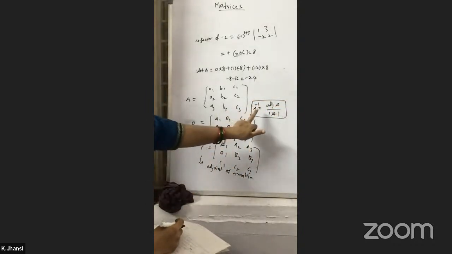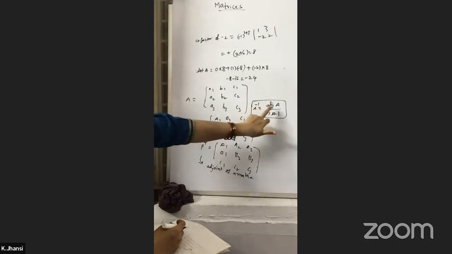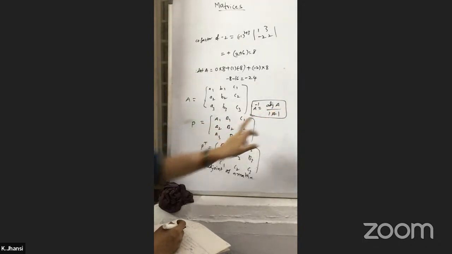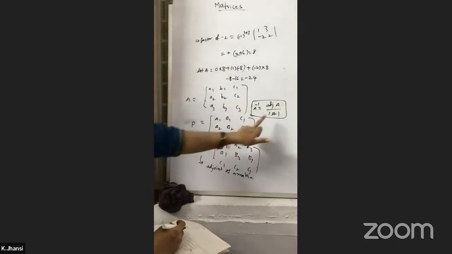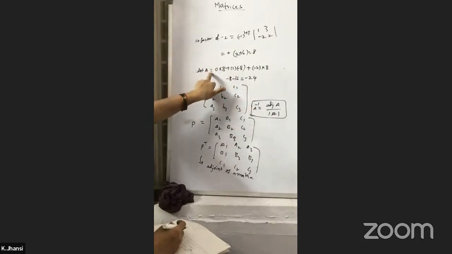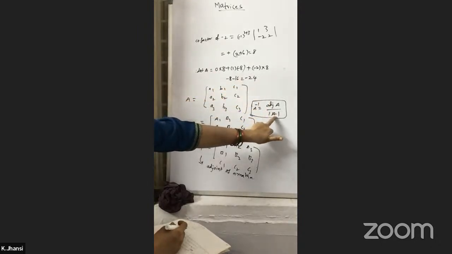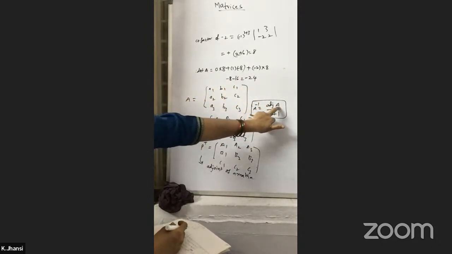This is the formula for the inverse of a 3 by 3 matrix: A inverse is equal to adjoint of A by determinant of A. The adjoint is this one, and the determinant is what we found first for the 3 by 3 matrix. Whatever value you get, we got minus 24, so it is adjoint of A divided by minus 24.